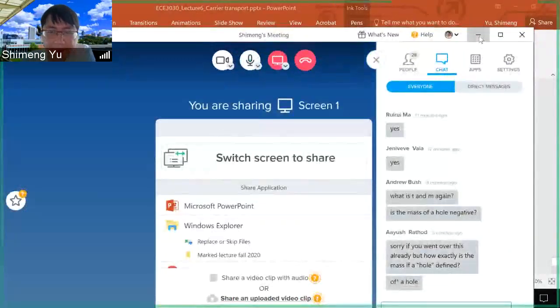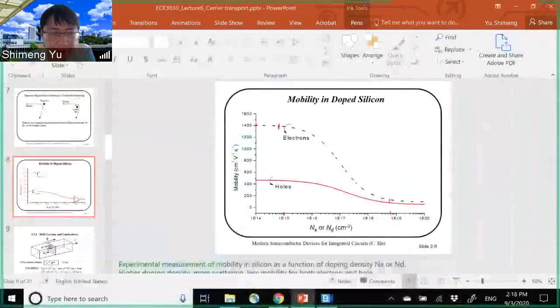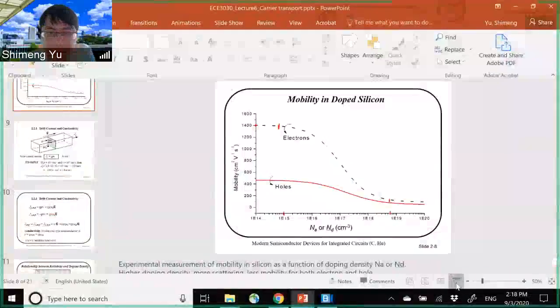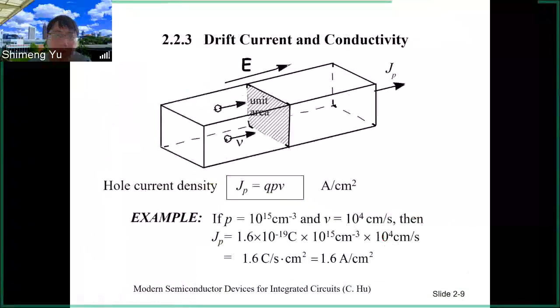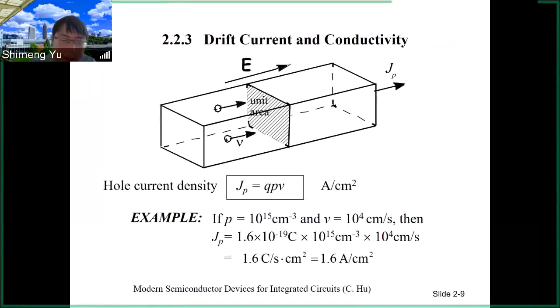All right. So here, let's look at one simple example of the drift current density. So the drift current density, for example, in this p-type semiconductor, we care about the hole because hole is a majority carrier.